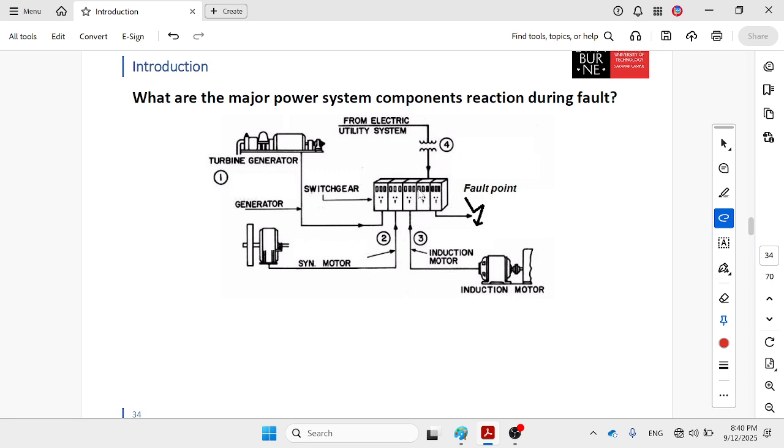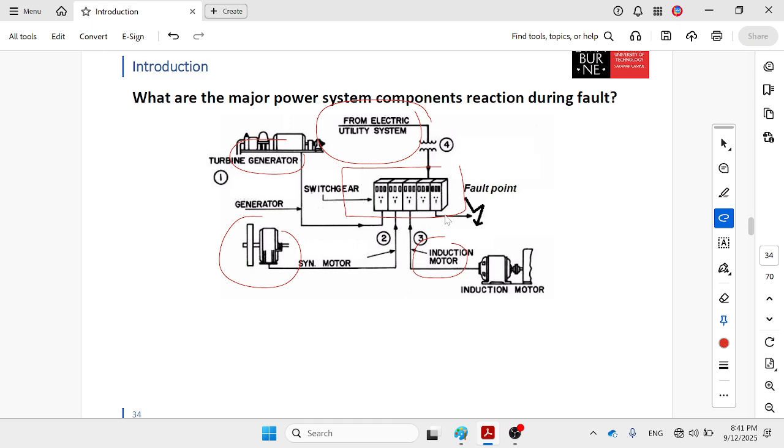The major power system components, of course, are the generator. Then we have motors, which can be asynchronous or synchronous, induction or asynchronous. We have the loads, the substations, and transmission lines.